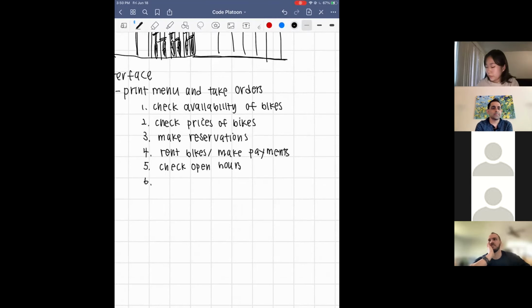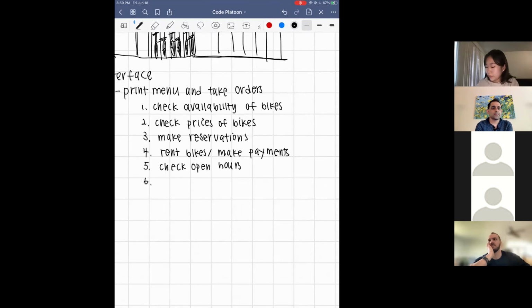And anything else that you guys have noticed? You're gonna have to update the availability of bikes. After they rent them, yeah. Yeah, or turn them back in.